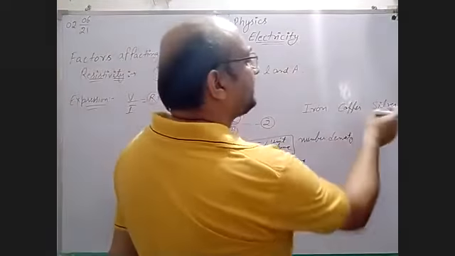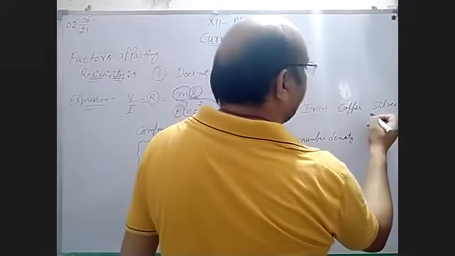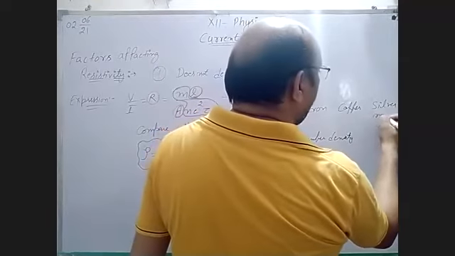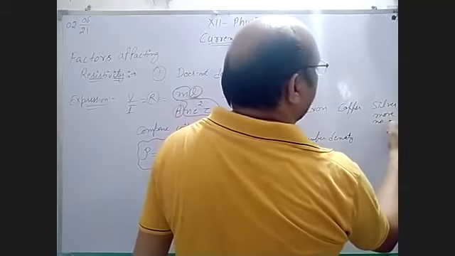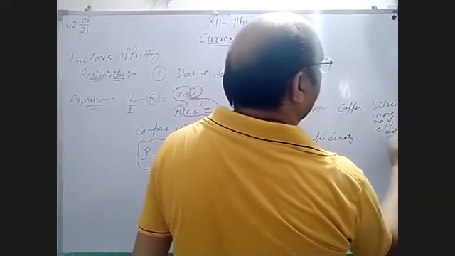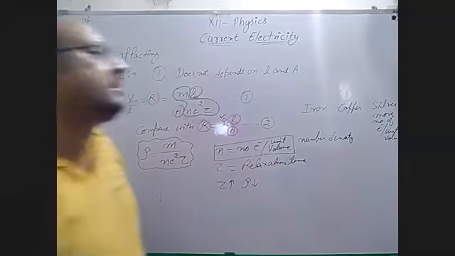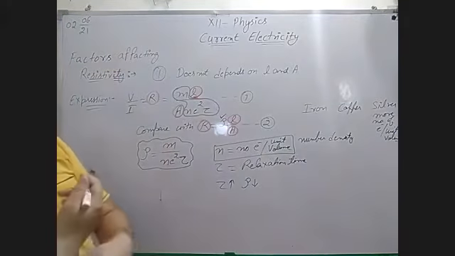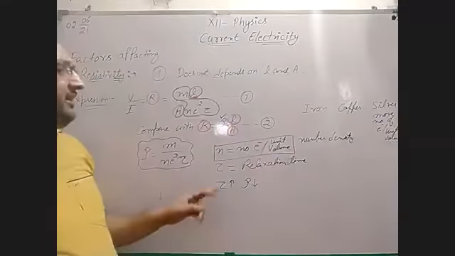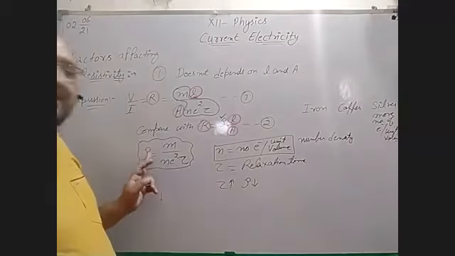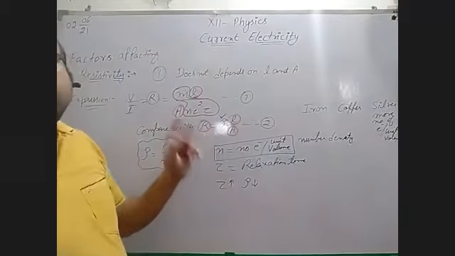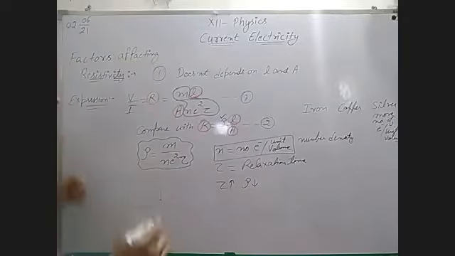So when we compare iron, copper and silver, silver has more electrons in unit volume. That's why its number density is greater. If number density is greater, then resistivity will be low, so resistance will be low. If resistance is low, it means conductance will be high.